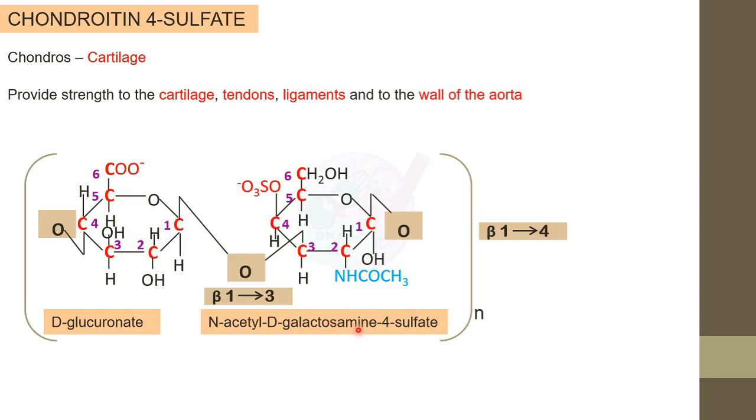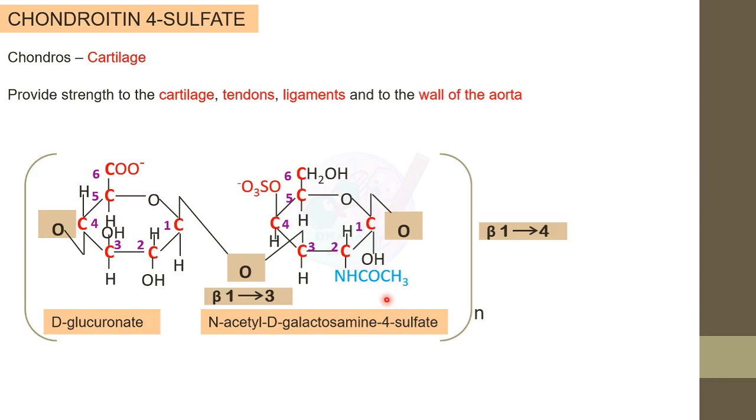Here we have galactosamine 4 sulfate, because the fourth carbon is attached to a sulfate group. Here the bond between this first carbon, which is beta because the OH is up from the plane, and this third carbon is a beta 1,3 linkage.